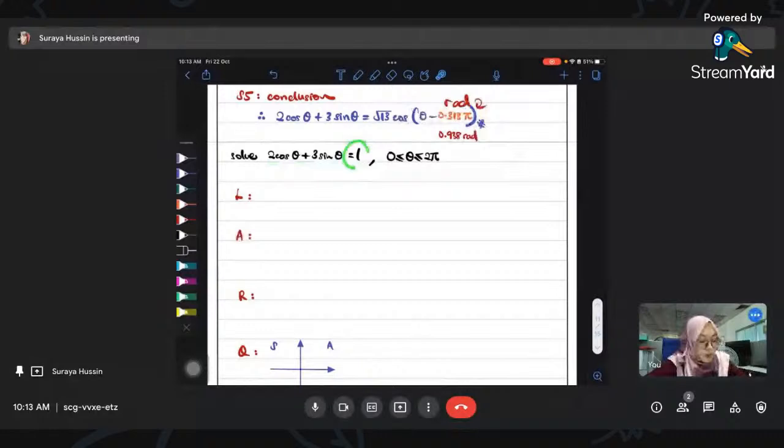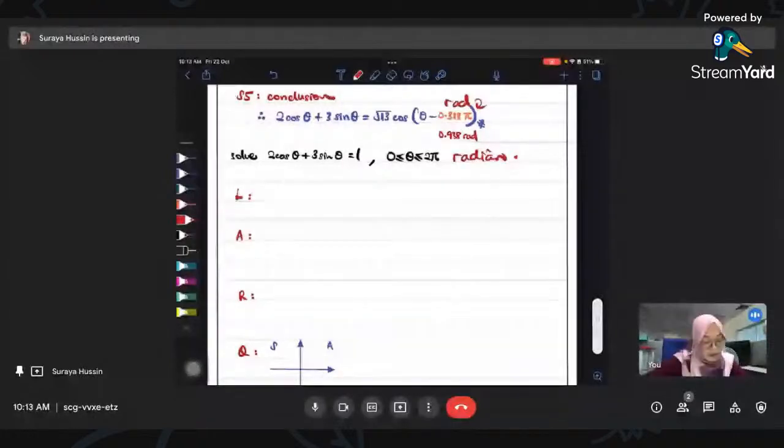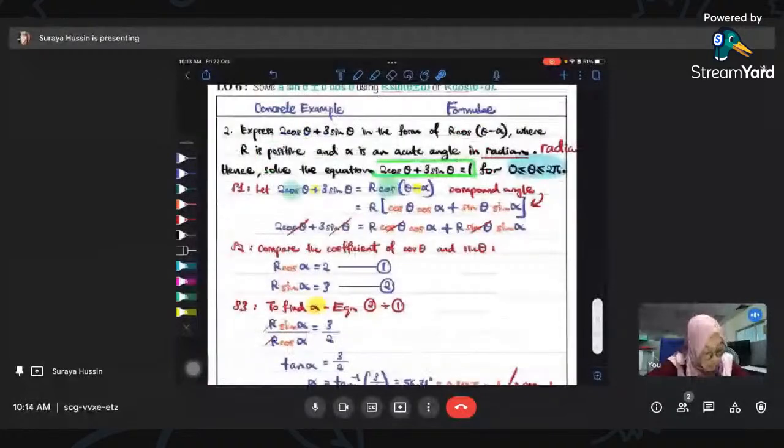How do we solve this? The question says solve this thing. But we cannot solve it until we change it into R form. So we already got our R form. Therefore, what we have to do is just use it.